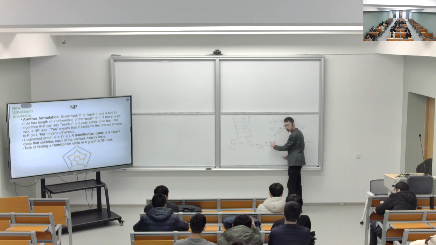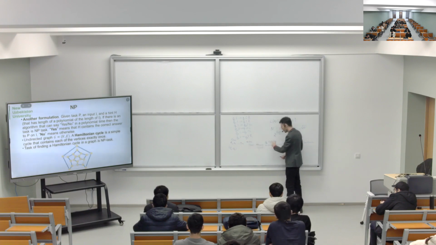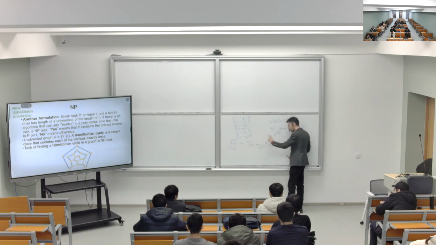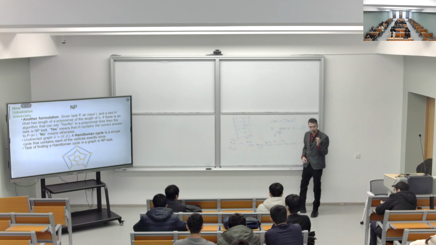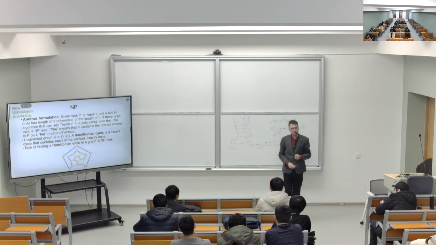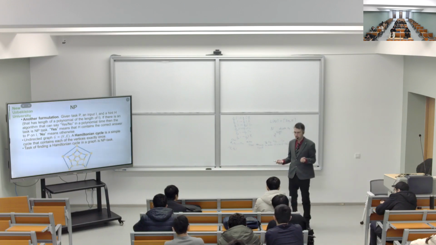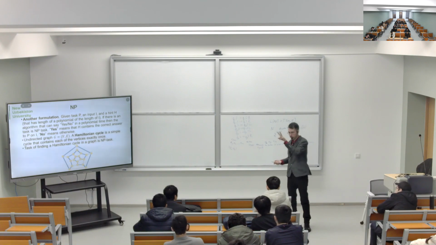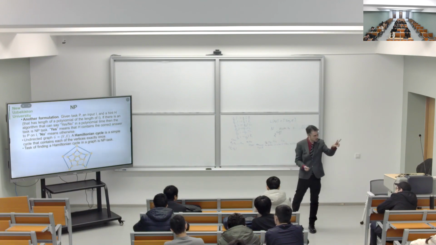If this is an edge and the next edge, next edge, I just need to find them in this list. So this check is, of course, polynomial. Yes? I just take this pair and check.